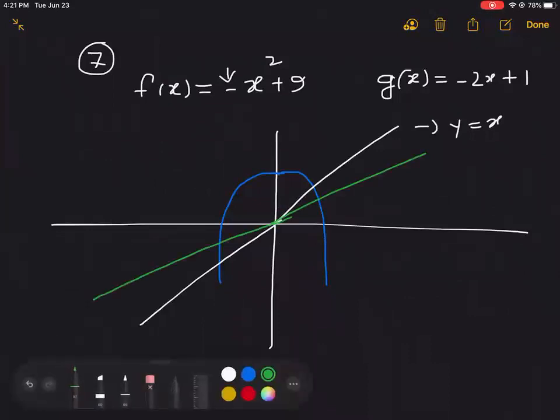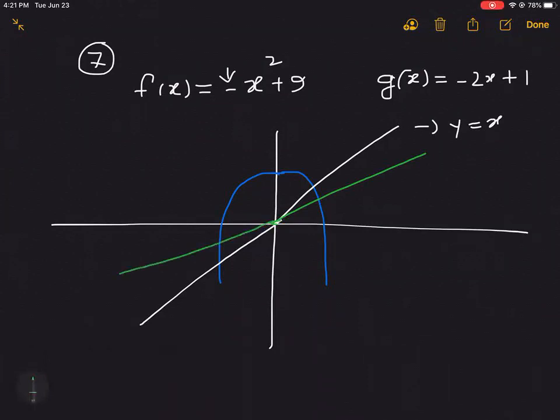It will look like this. So this will be y equals 2x. Okay, and now we have a negative 2x. So that means this will actually get flipped, okay? This will be y equals negative 2x. And finally, we have a plus 1.